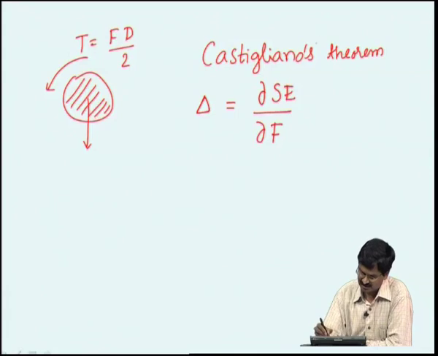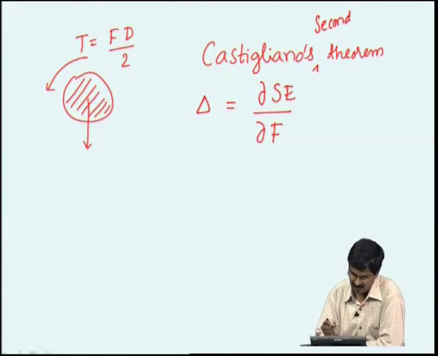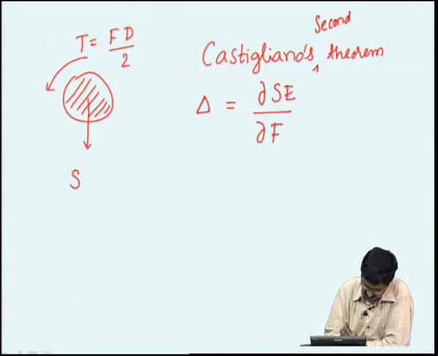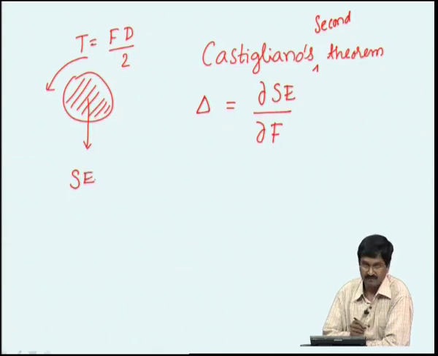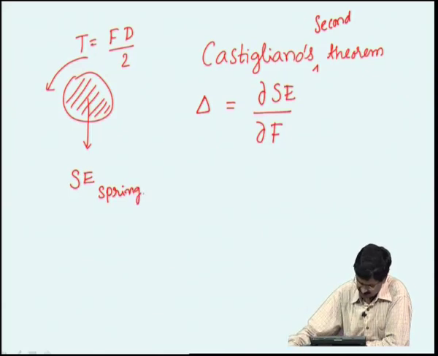This is Castigliano's second theorem, if you remember from one of the earlier lectures: the deflection delta is simply the partial derivative of the strain energy with respect to F. So, we have to write the strain energy of the entire spring. Let us do that.